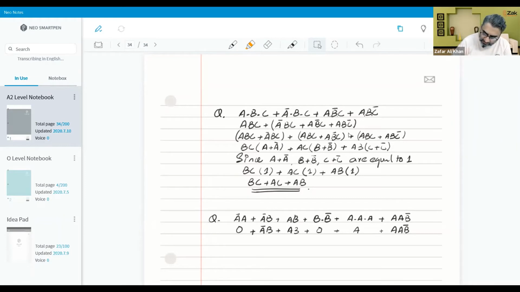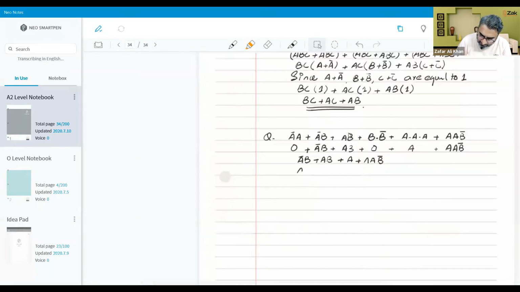So let's solve it. This becomes a naught b plus ab plus a plus a into b naught. Okay, so this a into a becomes a.